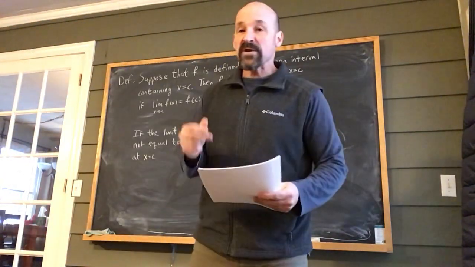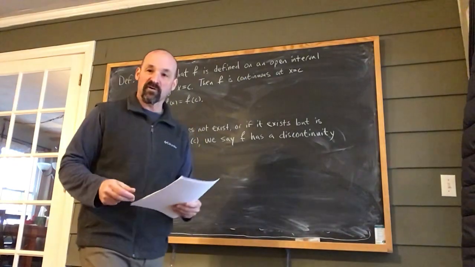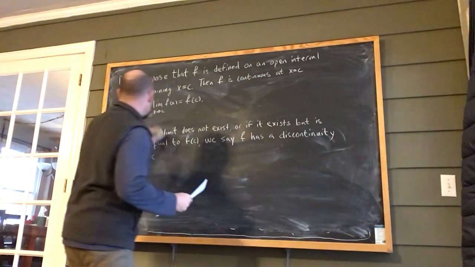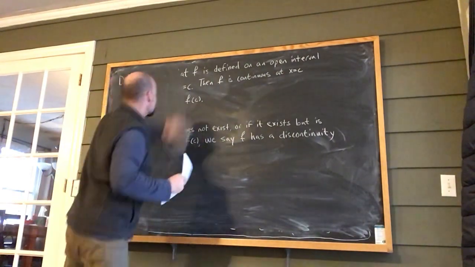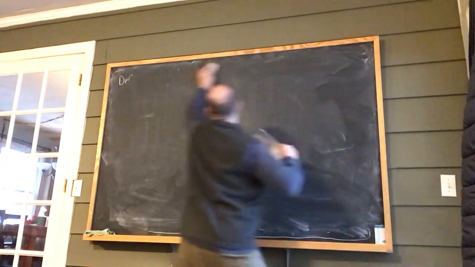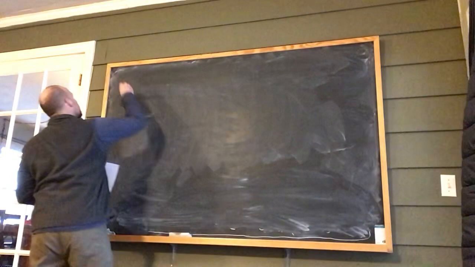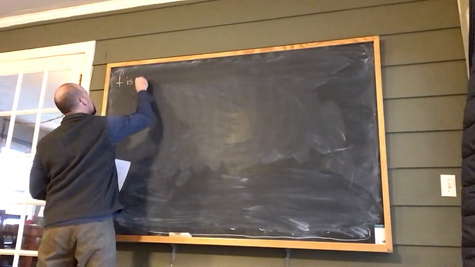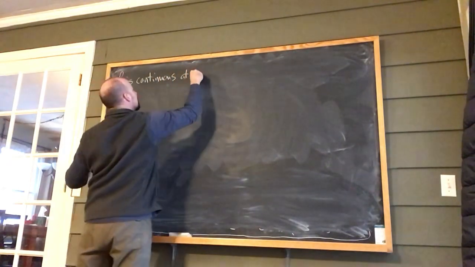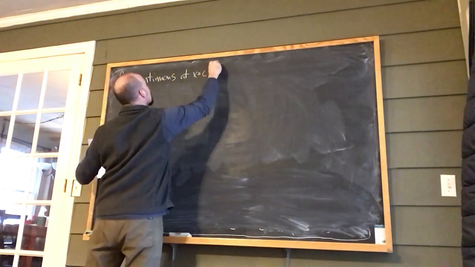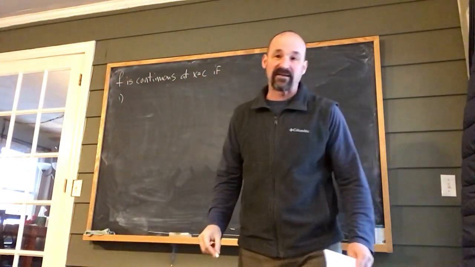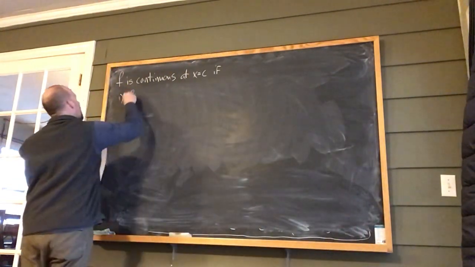So there are three things that have to happen in order for a function to be continuous at a point. Three conditions that need to be met. Let me just summarize this. f is continuous at x equals c if, first off, the function has to be defined there, so f of c is defined.